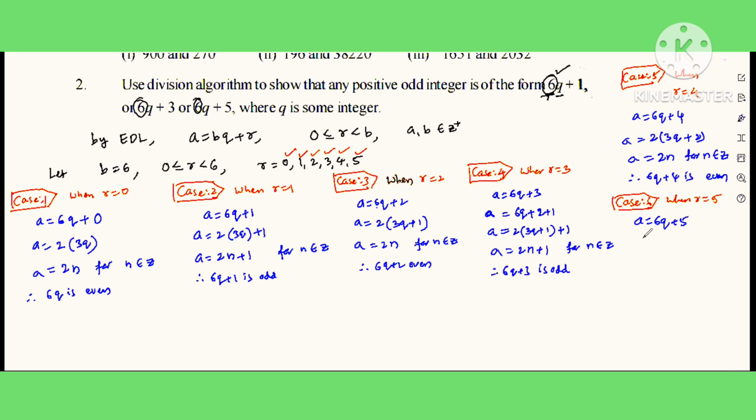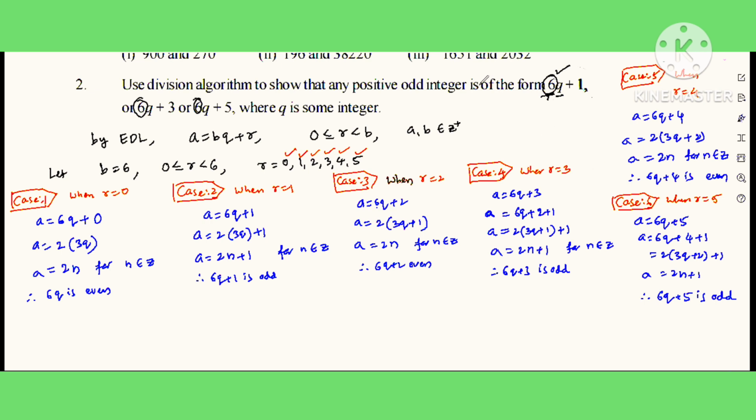How can we write 6q plus 5? As 6q plus 4 plus 1, that is 2 into 3q plus 2, plus 1. 2 into some integer plus 1. So this is the odd form. Therefore, what can I write? 6q plus 5 is odd.